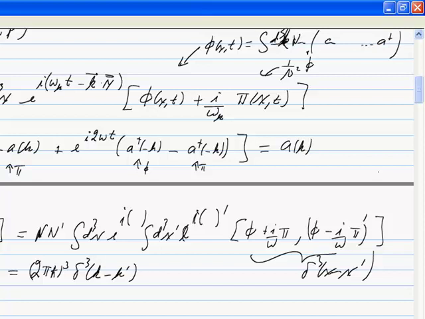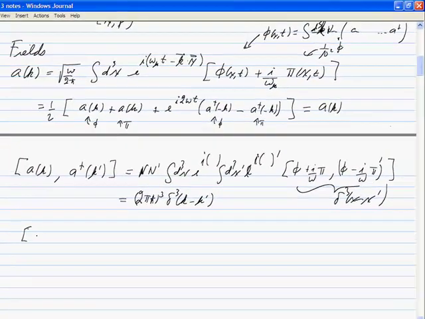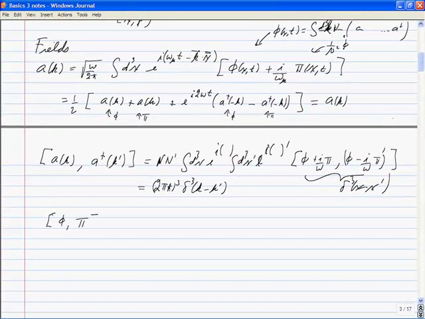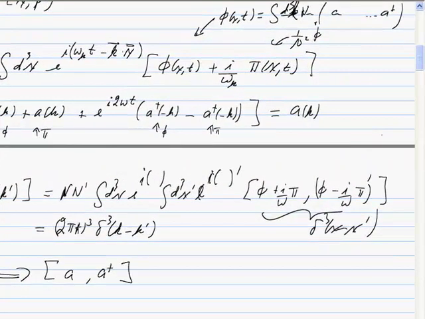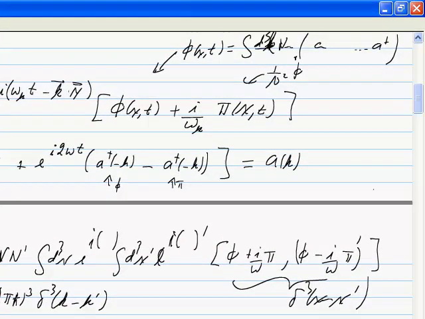So the lesson here is that the phi pi commutator implies the a dagger commutator. It may have looked like that was some arbitrary choice that we made along the way, but it's not an arbitrary choice, it's a required choice.